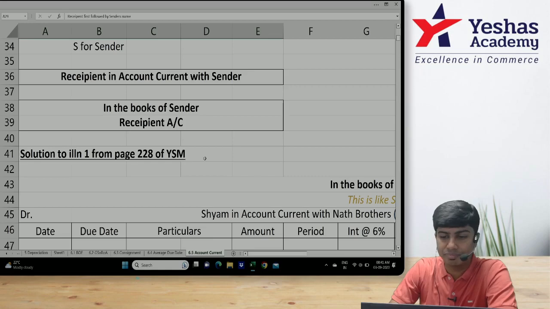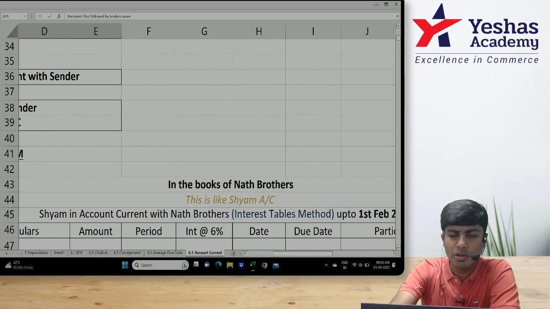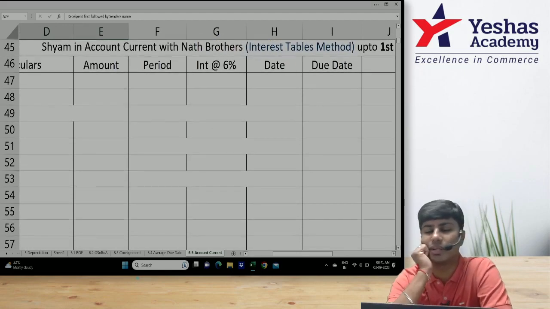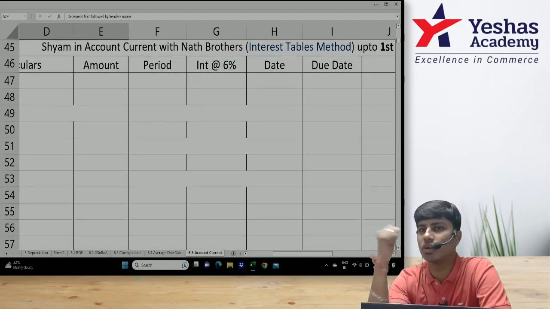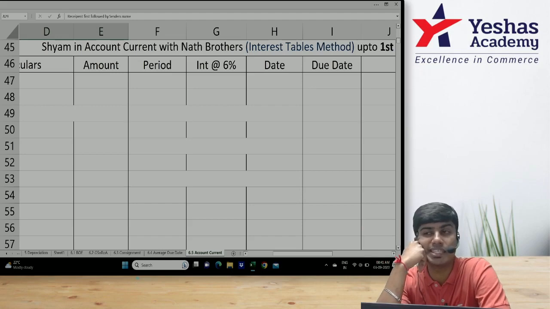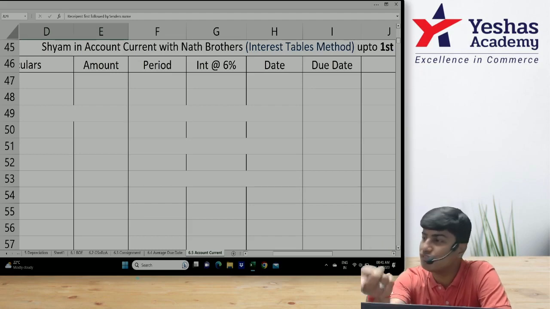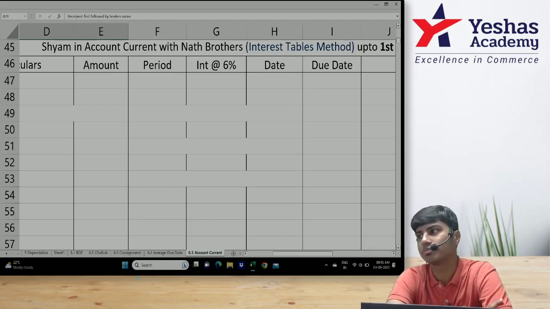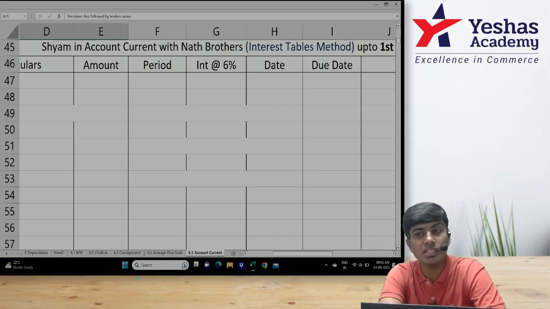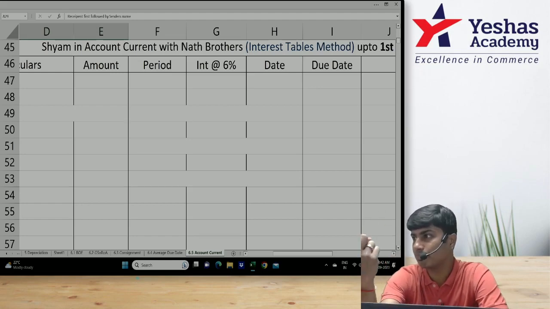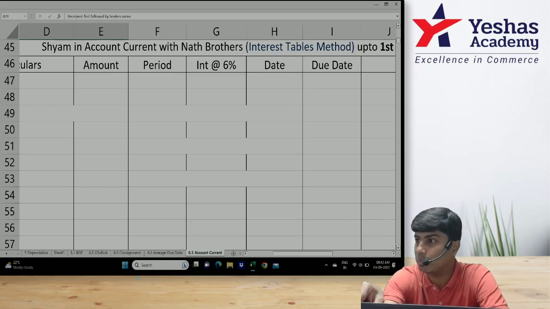So for the first problem, if we write the account current name as Shyam in account current with Nath Brothers, who is the recipient here? Who is the sender? Very good. So this is in the books of Nath Brothers, Shyam account. When you're preparing this account current, whose ledger account are you preparing?